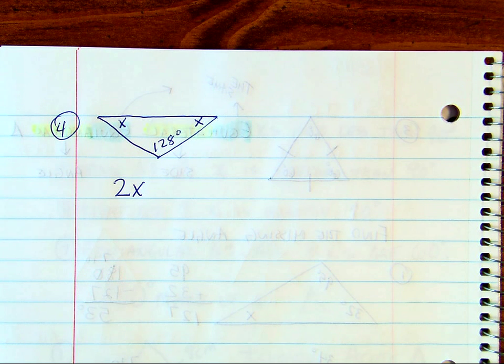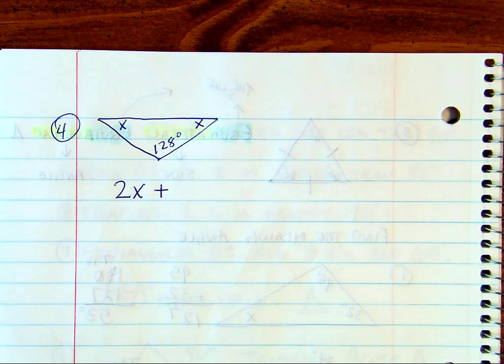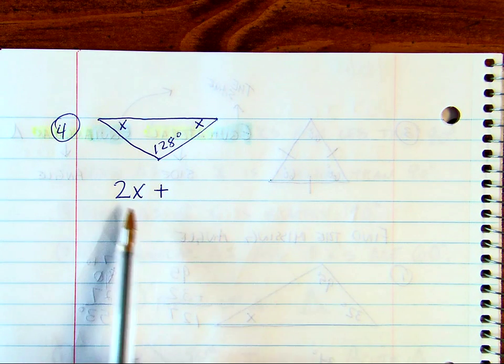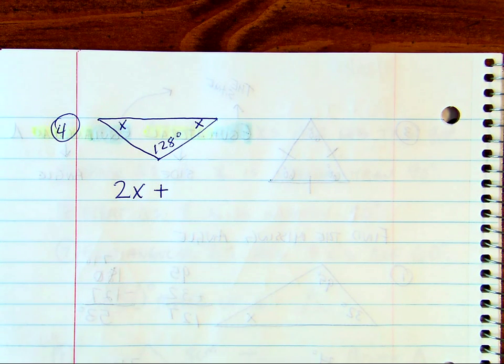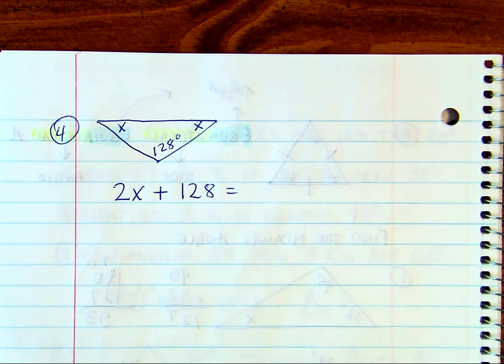To find the measurements, correct me if I'm wrong, but have we been adding this whole time? So we have the two angles plus the third angle equals, what is it going to equal? 180.